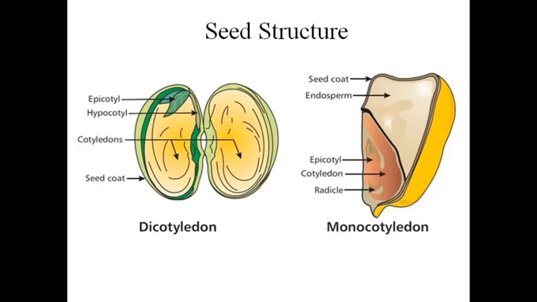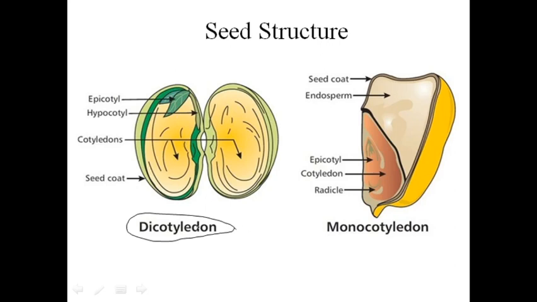Before going to study the term seed germination, we must know the seed structure and what is meant by seed. Seed is nothing but the fertilized ovule. Depending upon the presence of cotyledons, two types of seeds are there.